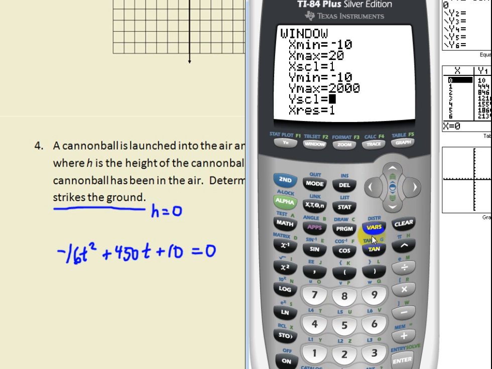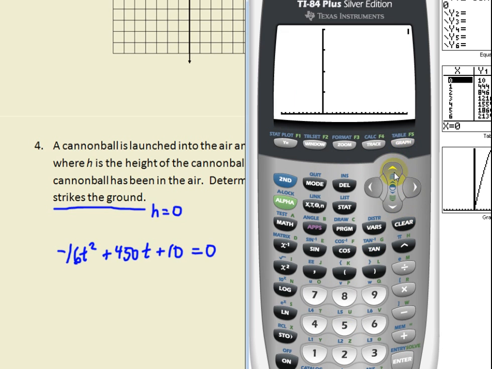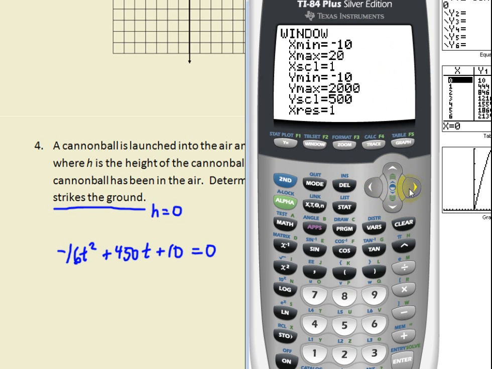And we can change our y scale to, how about 500, just for fun. And let's see what happens now. See if we get an idea of what's going on. Okay, so we still need to go up higher to get that maximum height if we want. So we go back and check our window, and let's take the x max out a little more too.